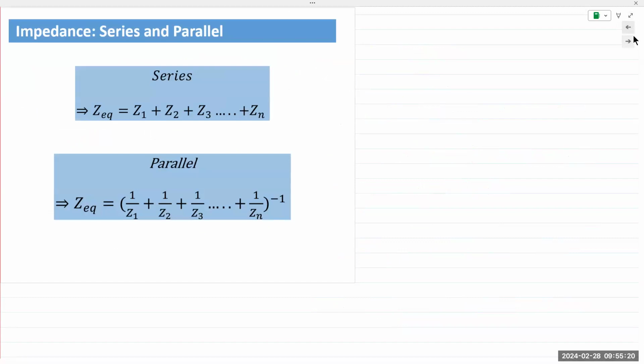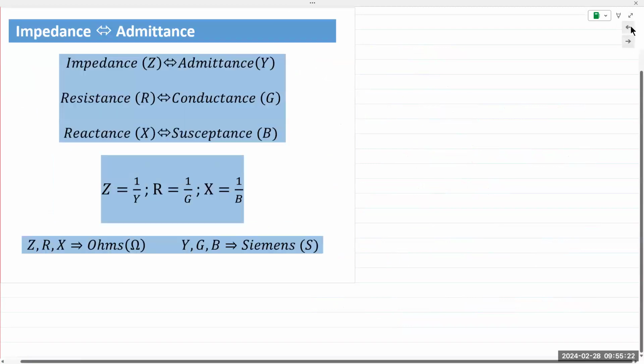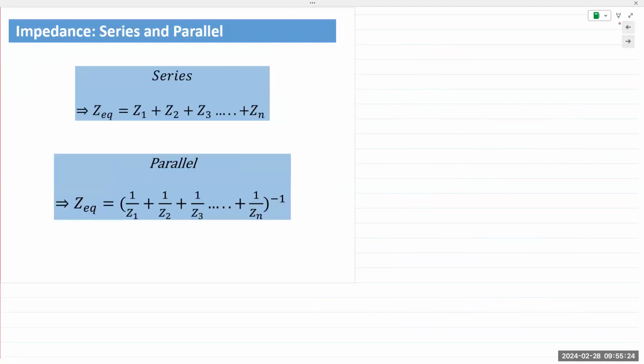All right, impedances and reactances, like resistors, add up the same way. Do not confuse the impedance of an inductor and the impedance of a capacitor with the value of the inductor and the value of the capacitor.